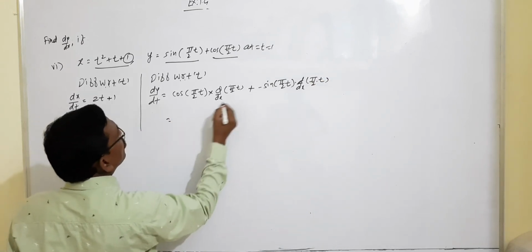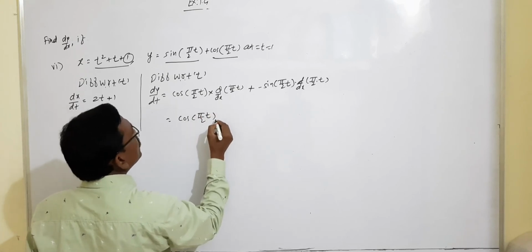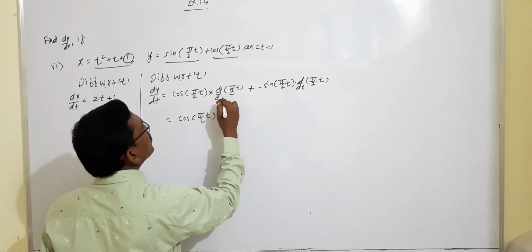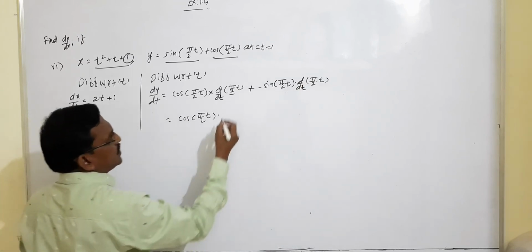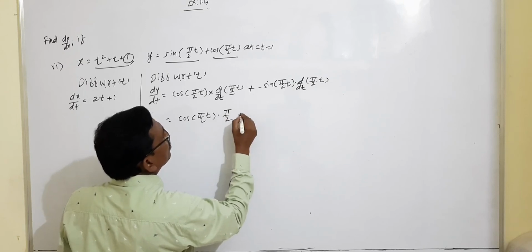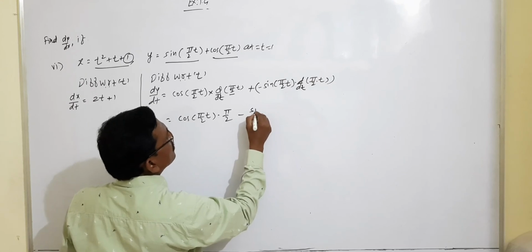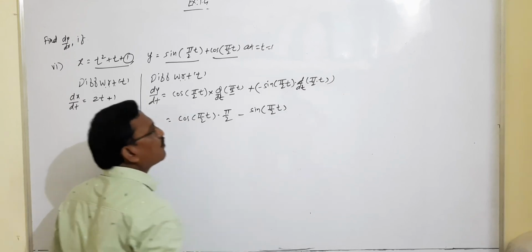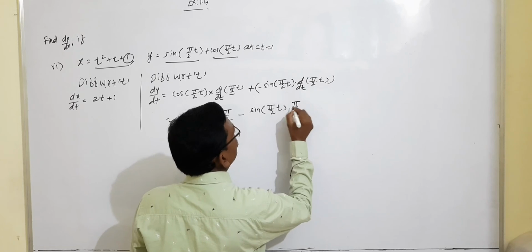It is equal to cos of pi by 2 into t into pi by 2, which is a constant, and the derivative of t with respect to t is 1, that's why it is only pi by 2, plus into minus, so it is minus sine of pi by 2 into t, and again the derivative of pi by 2 is constant and the derivative of t with respect to t is 1, that's why it is pi by 2 only.